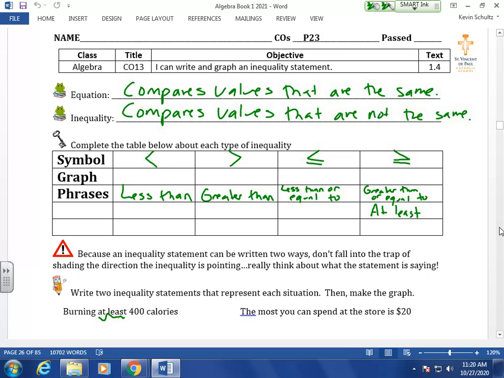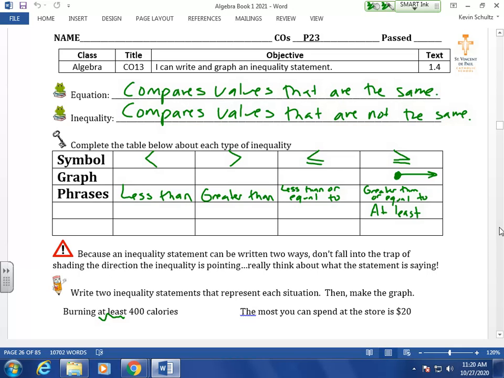And if 400 is included in that, if at least 400 is a part of it, we want that closed circle to show that 400 is a solution of this, as is every number to the right of 400. Okay? So the graph of a greater than or equal to situation will be a closed circle going to the right.